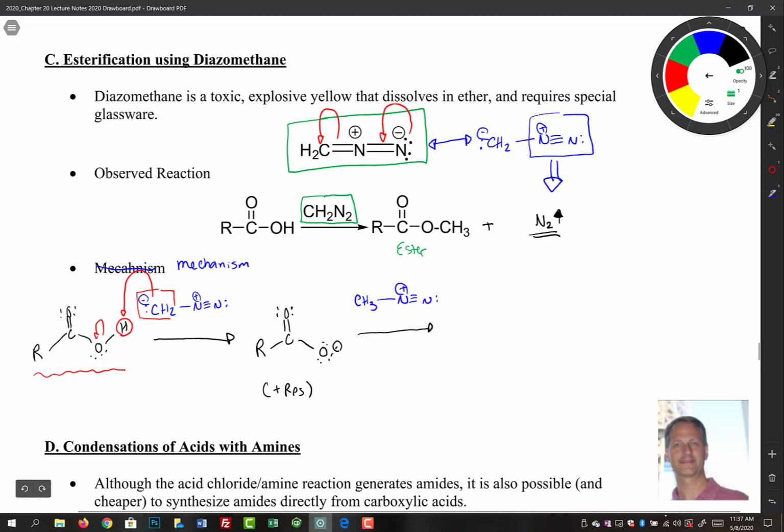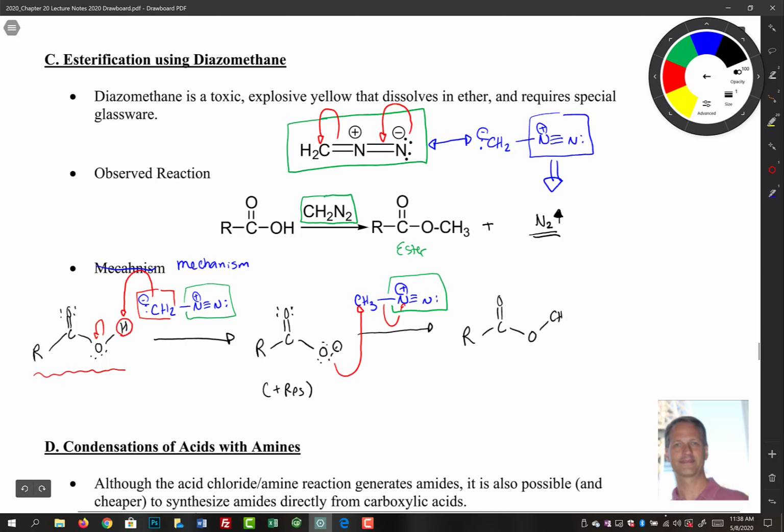Now remember, we said this thing right here is actually going to be a fantastic leaving group. So what happens now is that the negative charge of the carboxylate is going to swing over here, grab this carbon, and then we're going to kick off nitrogen gas. So our final product is our R group, our carbonyl, and an OCH3.